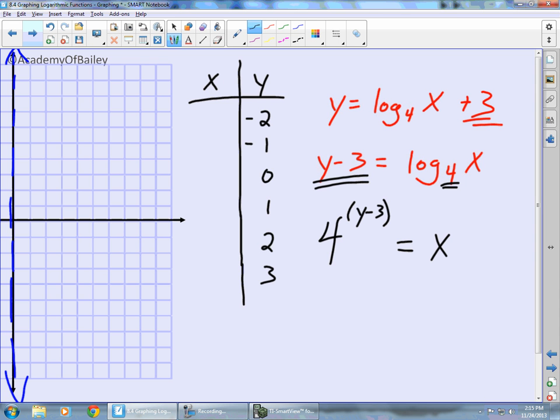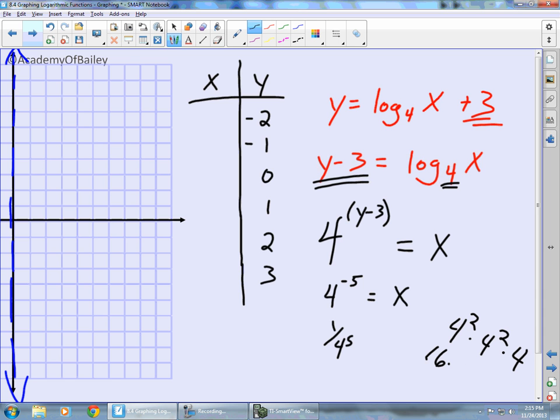Let's start with -2. 4 to the power of what is -2 minus 3? That would be -5. And that would be equal to x. Well, we know that's going to be 1 over 4 to the 5th power. And what is 4 to the 5th power? Well, we know 4 squared times 4 squared times 4.